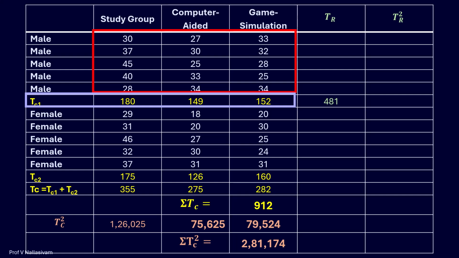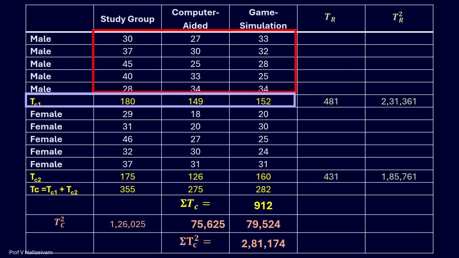It is 180 plus 149 plus 152, 481. Place it in column TR. In the same way, find the total of the second major row values. It is 431.